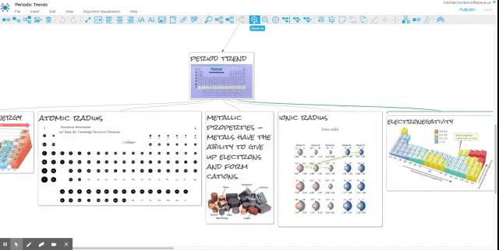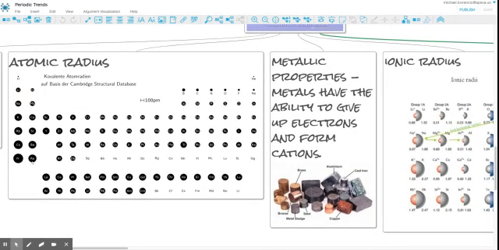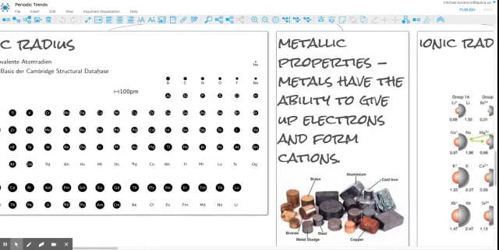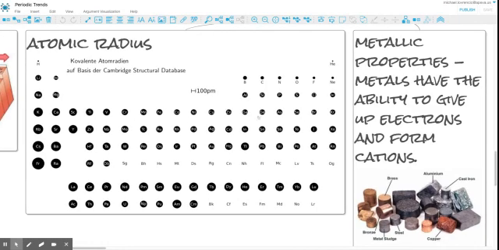If we start with atomic radius, you'll notice that as we move across the period, the atomic radius in general decreases. Why? As we move across the period, are we changing anything? Is the nucleus getting larger? Yes, because we're increasing protons as we move across the period.